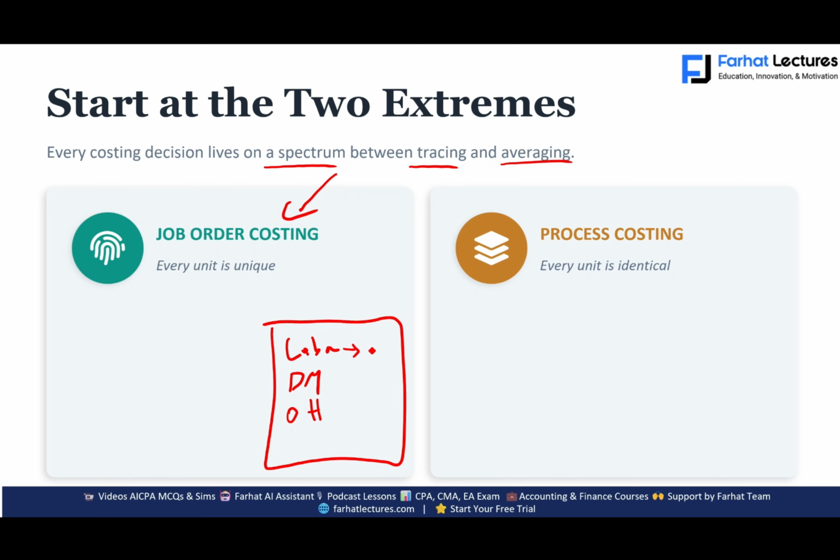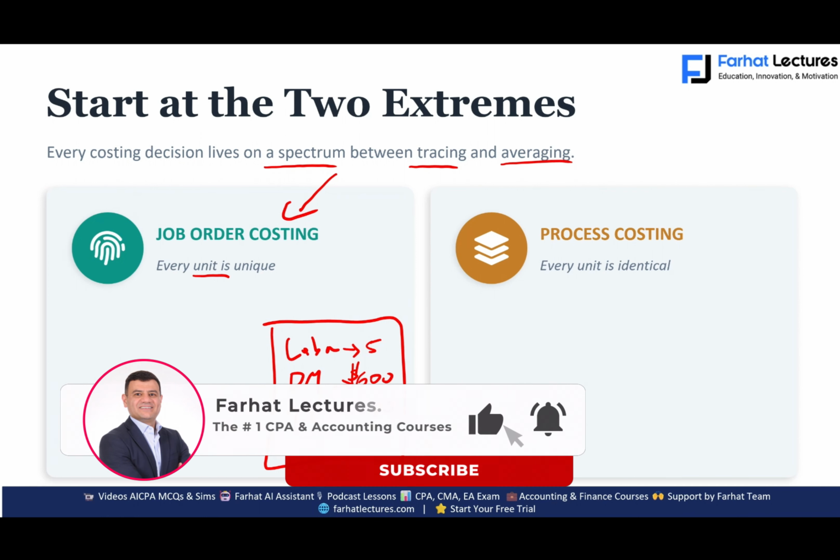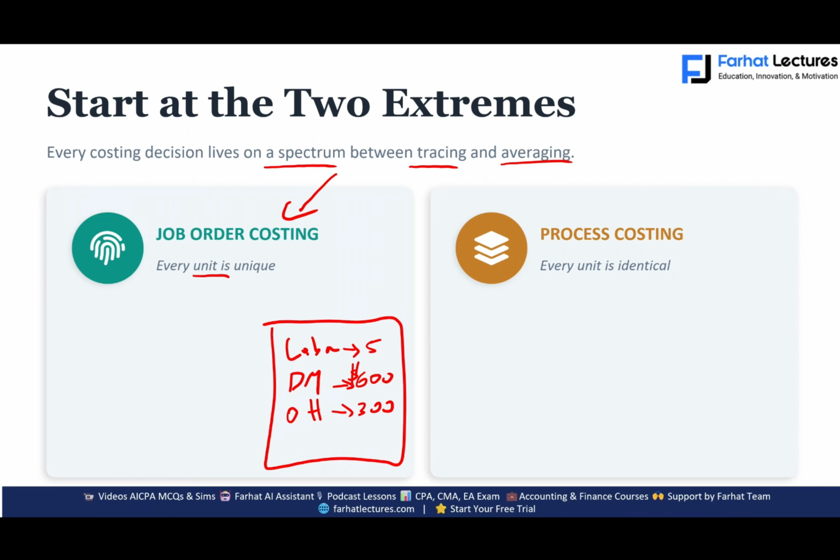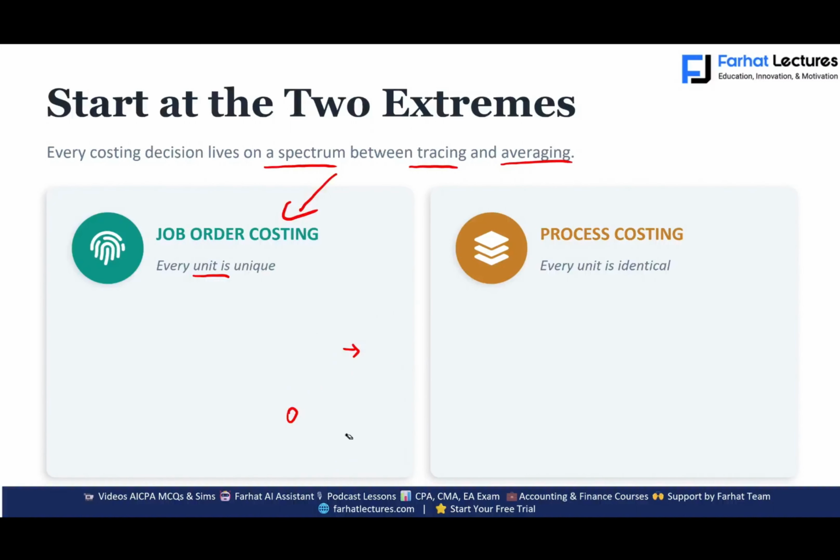Let's assume they spent 5 hours on my car, direct material was $600, and the overhead allocated based on the overhead driver was $300. Those costs are unique to my car, because my car was damaged differently than any other car. Therefore, this is called job order costing. Every unit is unique.